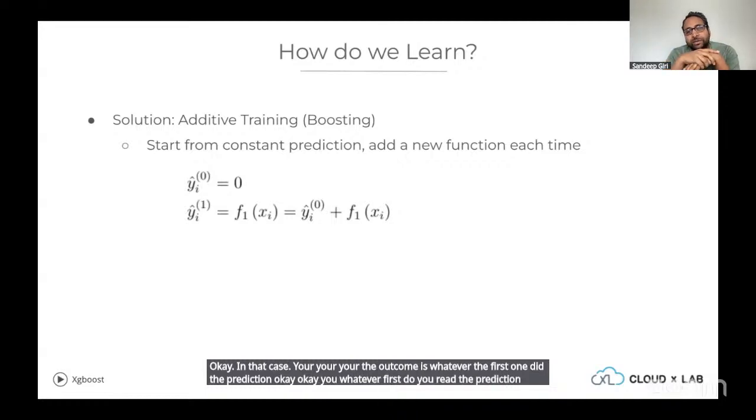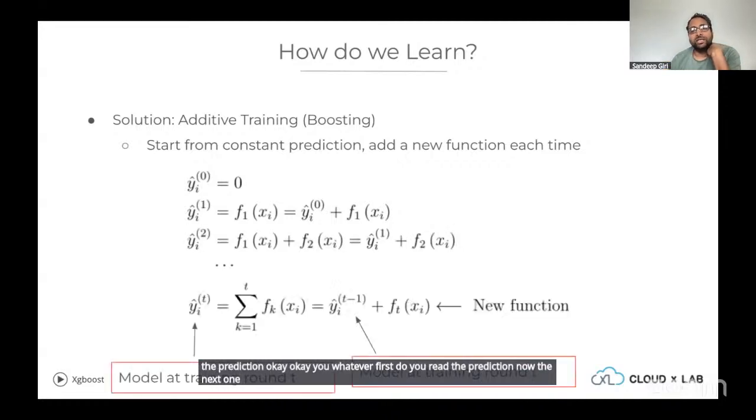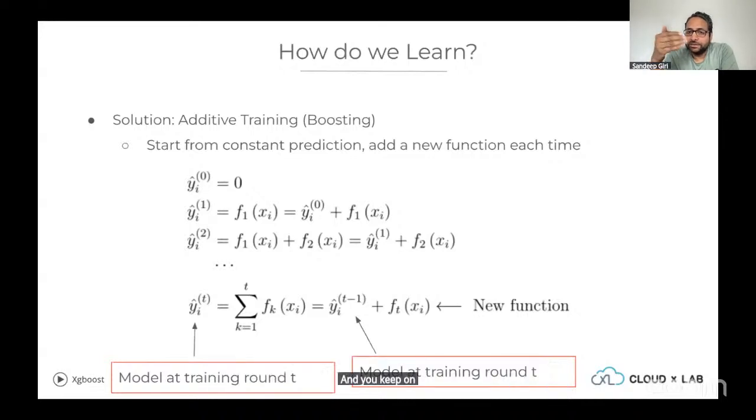Now the next one, like that. So you keep on adding these splits, or you can say you keep on adding new functions, you keep on adding these trees, and the accuracy keeps on improving, right?